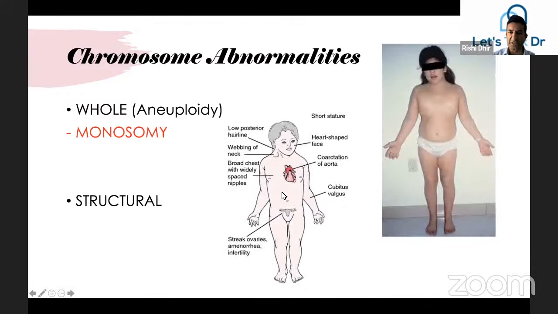Some of the typical features include webbing of the neck, low posterior hairline, a heart-shaped face, short stature, coarctation of the aorta, cubitus valgus deformity, a broad-based chest with widely spaced nipples, and typically amenorrhea and infertility. So that's Turner's syndrome, XO.